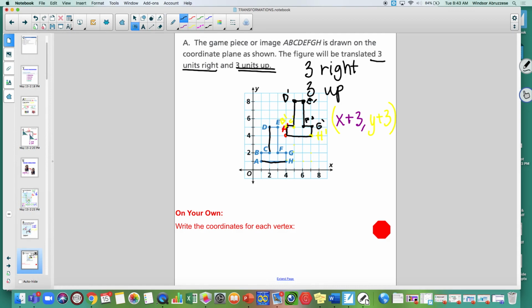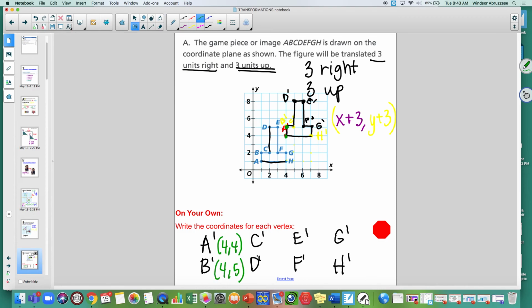F prime. So it says write the coordinates for each vertex. So now we're going to find the coordinates of A prime, B prime, C prime, D prime, E prime, F prime, G prime, and H prime. Coordinates of A prime are located at 4, 4. B prime is up here, which is 4, 5. C prime is 5, 5.